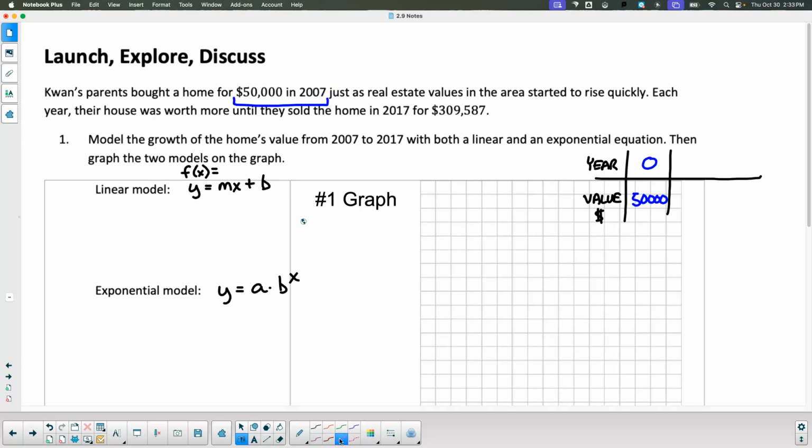What's my second data point going to be? Now again, knowing that 2007 now has just become year 0. What would my second data point be?